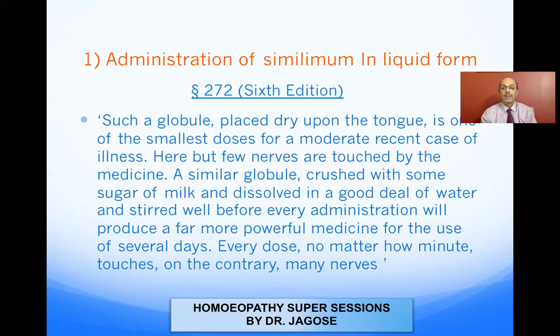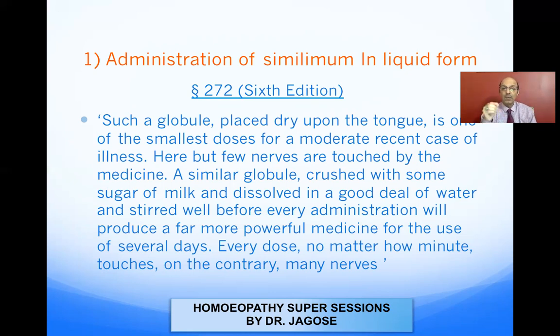So it tells you that if you would take a dry globule and place it on top of your tongue, in a case of a moderate, recent illness, naturally that globule will only touch a small amount of nerves, or a few nerves will be touched by the medicine.